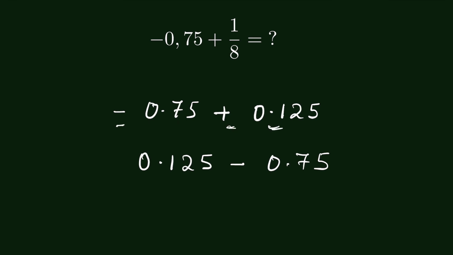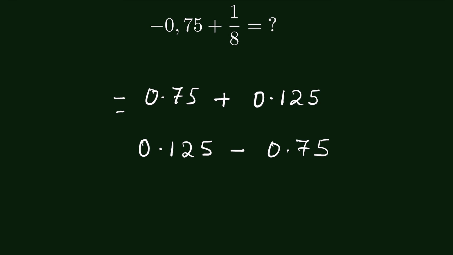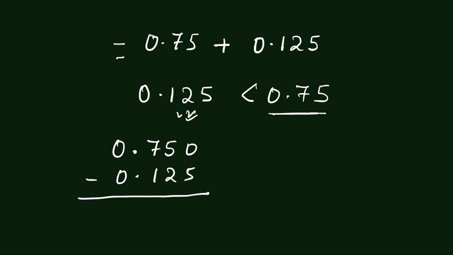So we can also write it like this. Now if we forget this negative sign, then this number is bigger than this number and we have to subtract. Therefore, we will subtract this 0.125 from 0.750 like this.